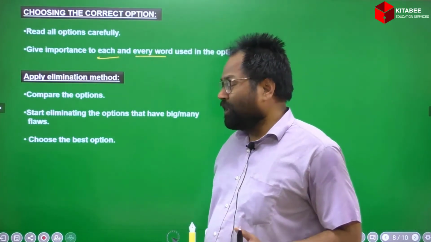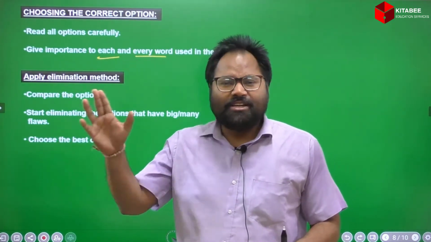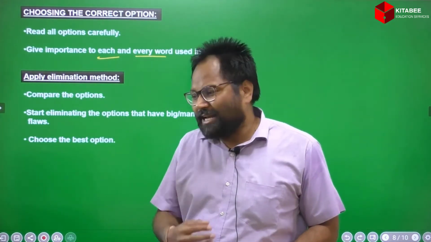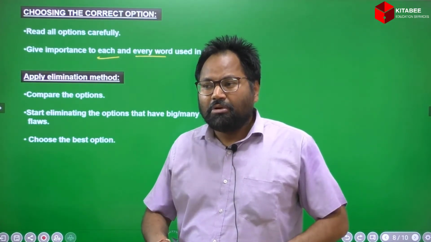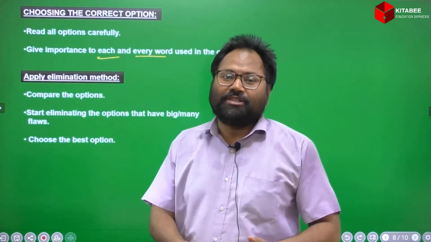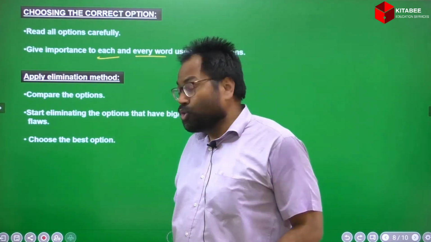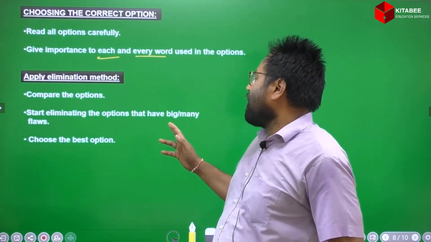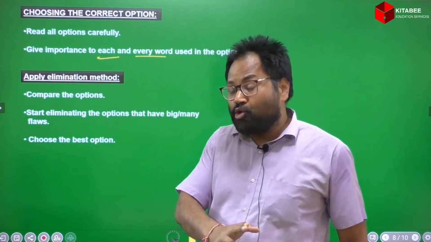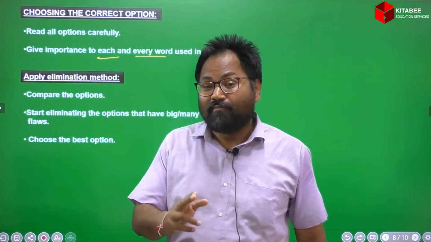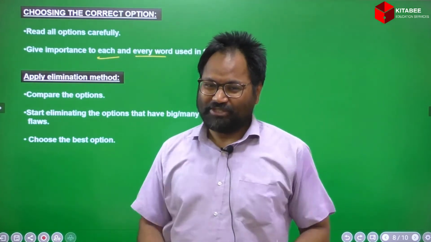Then first eliminate the option that is completely deviated from the summary, that has information that is not present in the summary, that has very much distorted the information of the paragraph. They have big flaws in them, so you can easily eliminate the options that have big flaws. But after that you get some close options.